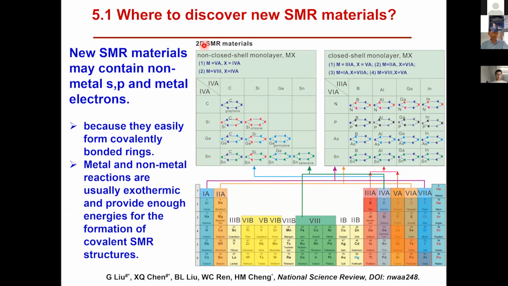So for 2-dimensional SMR materials, we predicted that we can find SMR materials from those combinations. That's for the low closed shell monolayer. So we can have different types of 2-dimensional materials, for single elements or for compounds.